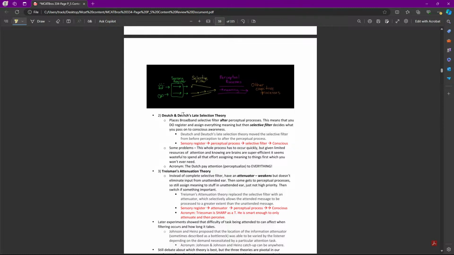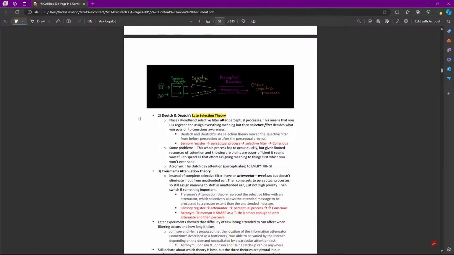So for Deutsch and Deutsch's late selection theory, you place the selective filter after the perceptual process. This means you do register and assign everything meaning, but then a selective filter decides what you pass on to conscious. So the late selection theory moves the selective filter from before perception to after the perceptual process.